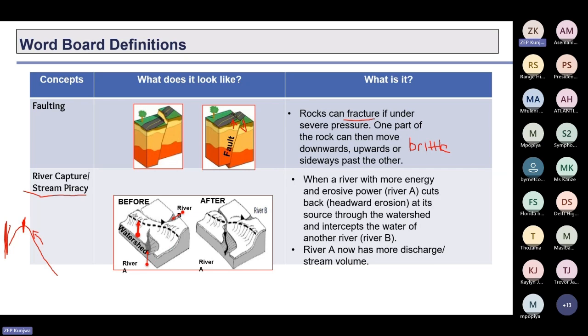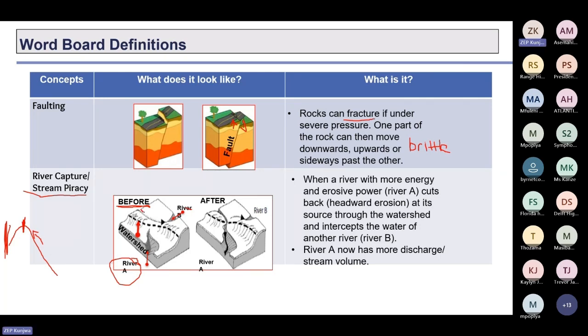If you can see on this diagram, that is river A. Please, you must note these things, because in the examinations, the examiner is going to refer to this as river A or area A, depending on the questions. So that one is river B. River B is flowing there.